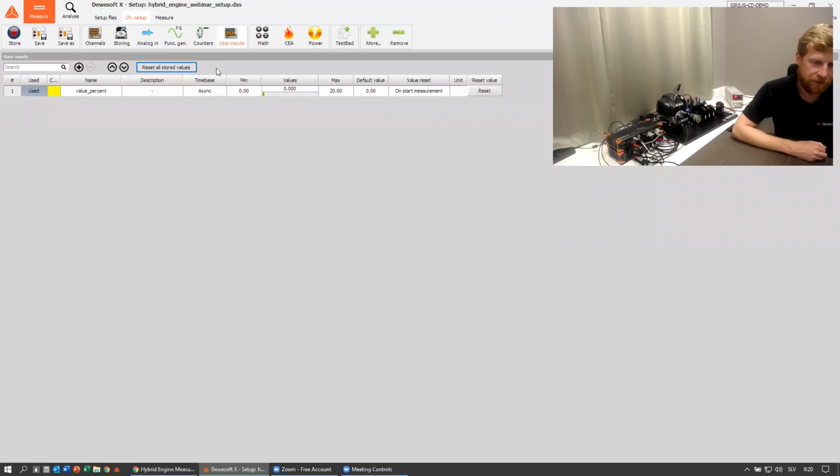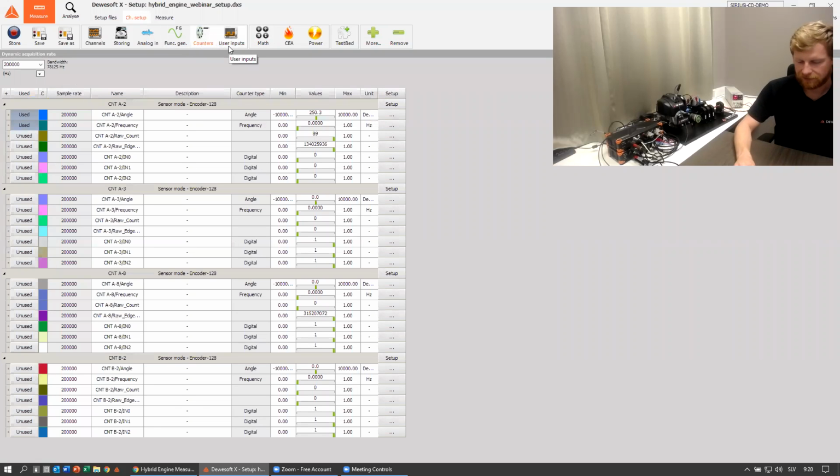So we change the width of the pulse with one user input. We basically have just a slider in the setup, and we can then change the pulse for the output, and we can change the speed of the electric motor this way.